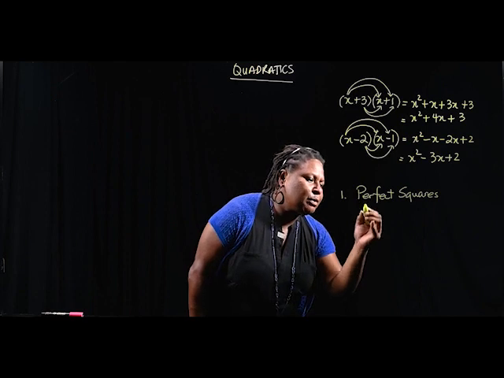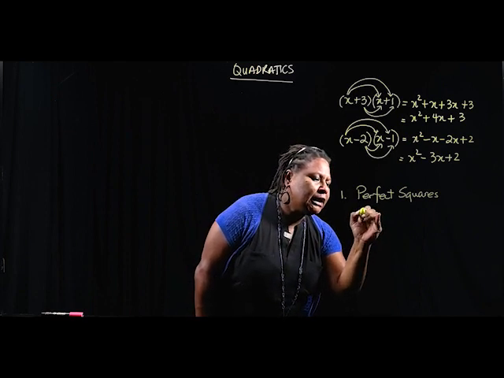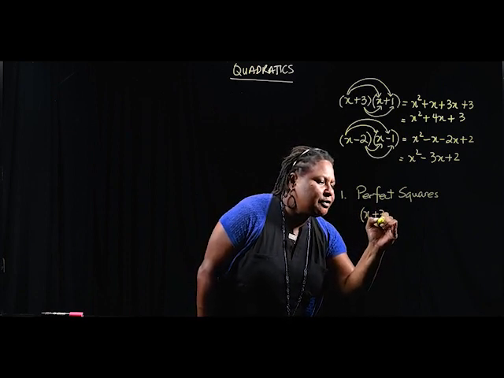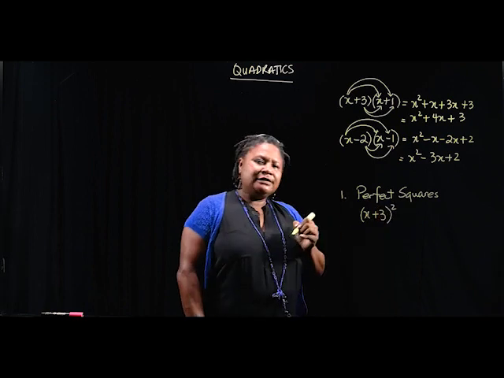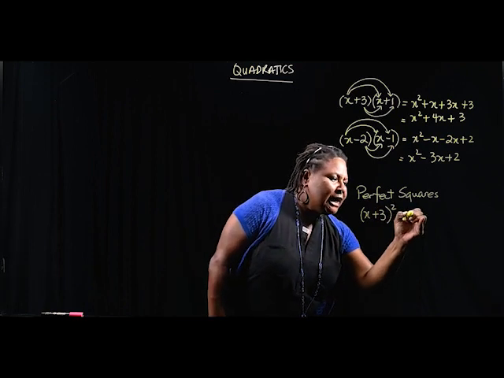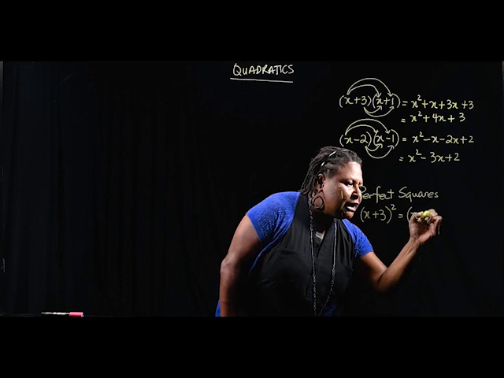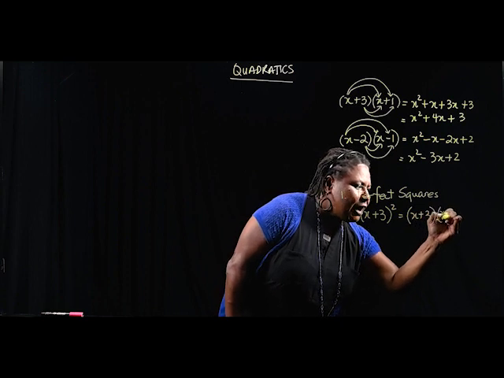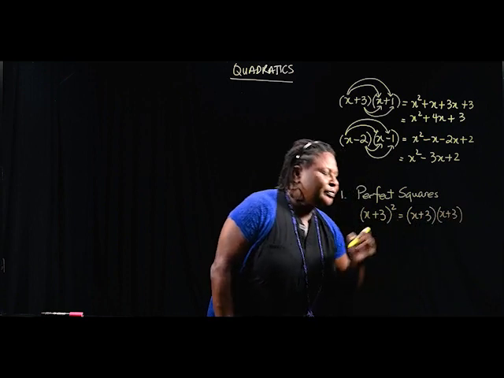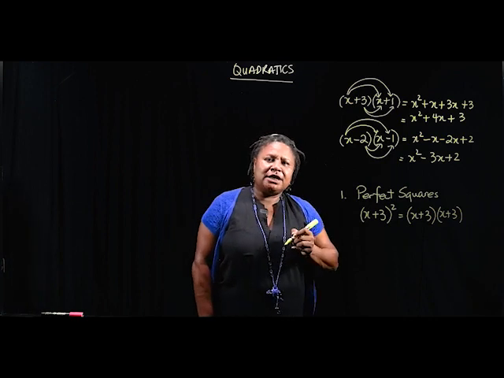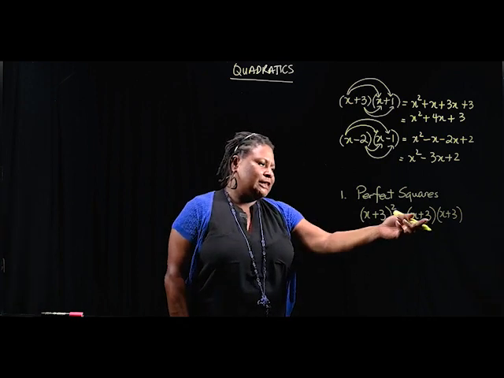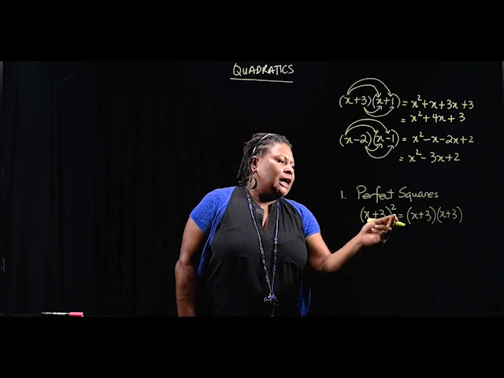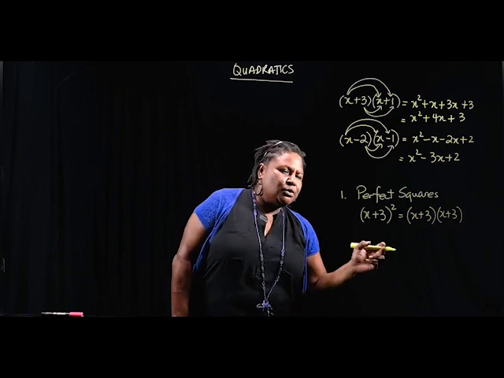So let's look at x plus 3 squared. It simply means that x plus 3 is multiplied by itself. You will see expanded, this is how it looks.